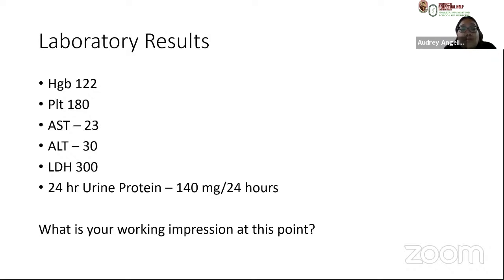Okay, well, how would you know if your AST and ALT are in the range values? Is it enough that it's slightly increased?